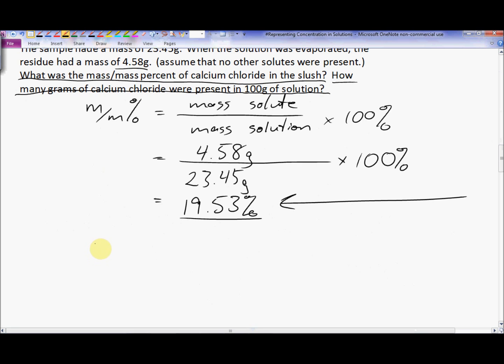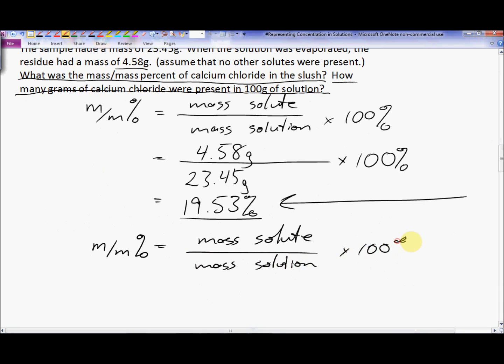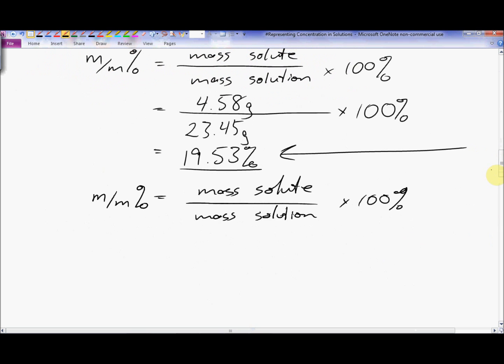Mass over mass percent is equal to mass of solute divided by mass of solution times 100%. Okay, so our mass percent, we know it. It's the 19.53%.